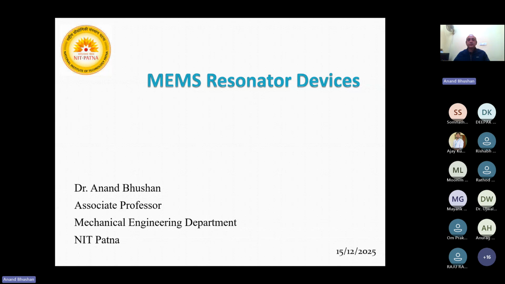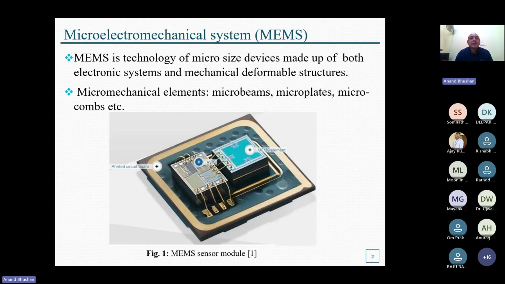So my topic is MEMS resonator devices. MEMS is an acronym of micro electromechanical system, and it is a technology of micro-sized devices. It is made up of both electronic systems and mechanical deformable structure. Figure one is a typical MEMS sensor module of a pressure sensor.